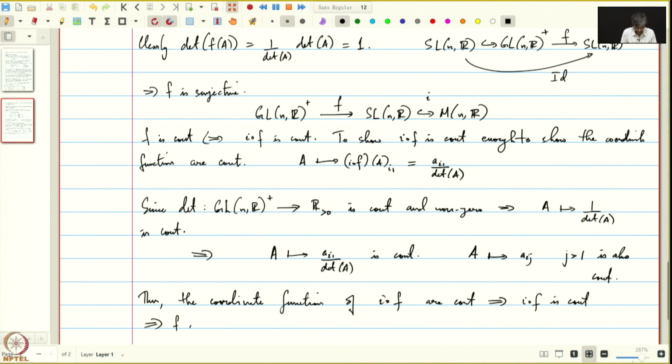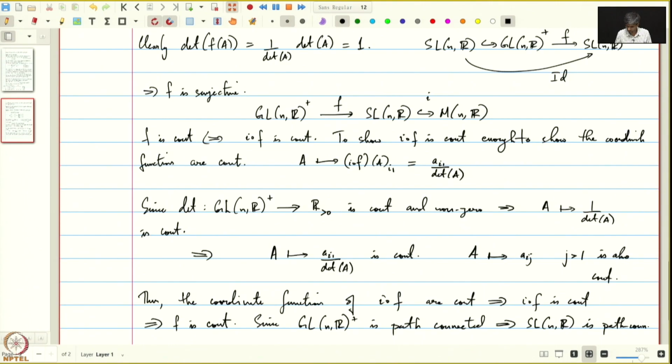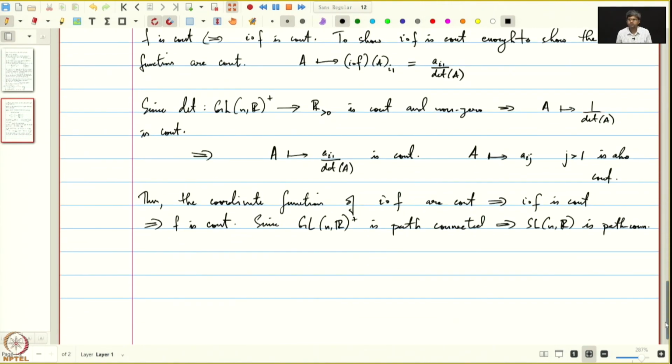This implies F is continuous. Yeah, and since GL_n(R)^+ is path connected, and F is surjective and continuous, this implies SL_n(R) is path connected. So this is one application.